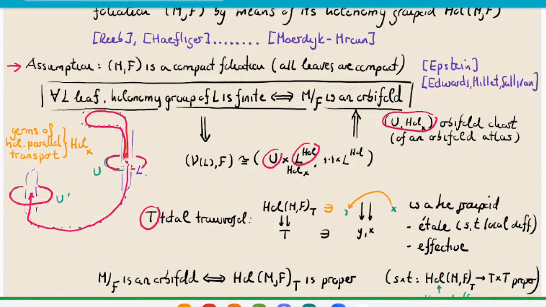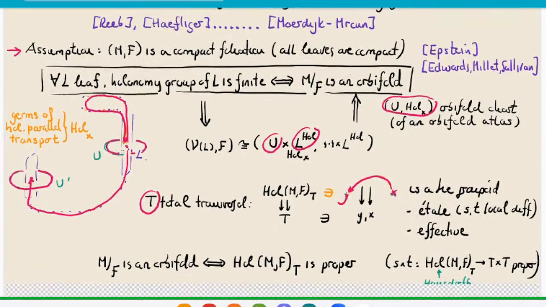And for that total transversal, pick all the leafwise paths that start and end in points of the transversal, and then take their corresponding germ of holonomy parallel transport. What one produces is a Lie groupoid. It's the holonomy Lie groupoid over the transversal. It's étale, meaning that the source and target maps are local diffeomorphisms, and well, it's also effective.